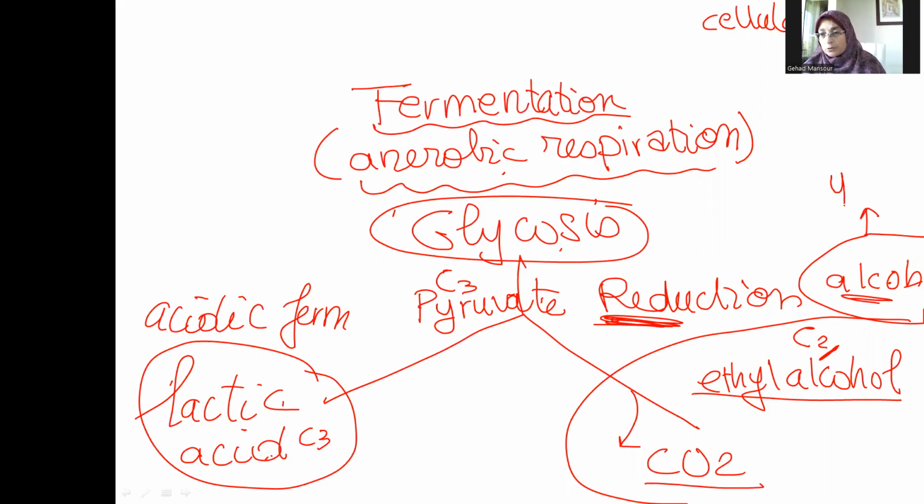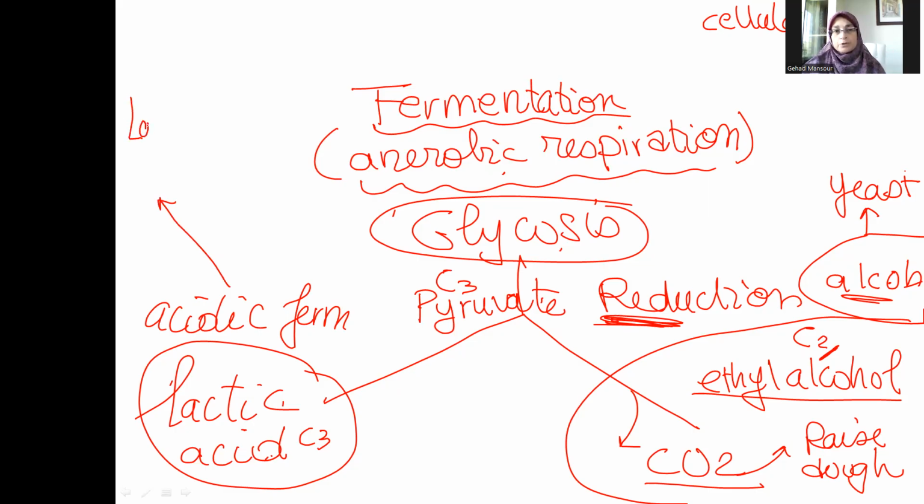Alcoholic fermentation occurs in yeast, as we said in the early sessions, and carbon dioxide is important to raise the dough because of the bubbles that are produced when you put the yeast in the oven at a suitable temperature, whereas acidic fermentation occurs in bacteria. It occurs in lactobacilli, and we can use lactobacilli in yogurt preparation because the acidity will help curdling of milk and production of yogurt.